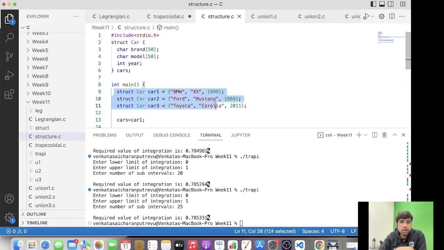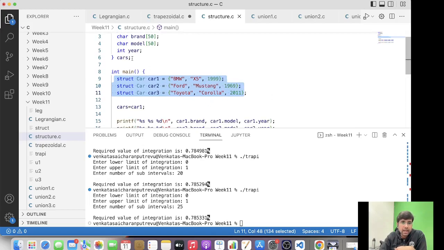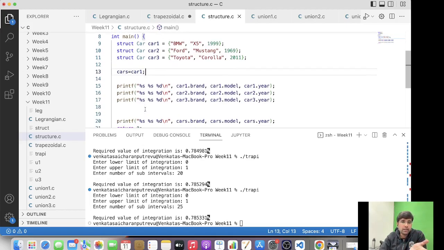Here in the main program, I have created three structures of the car type with three different values, and another structure called cars. I copy from car1 to cars and print all the values together. This is a very fundamental and basic program.